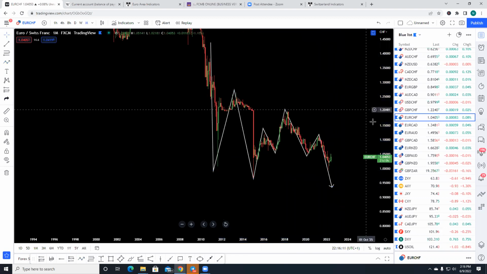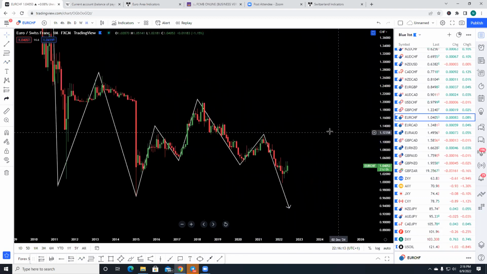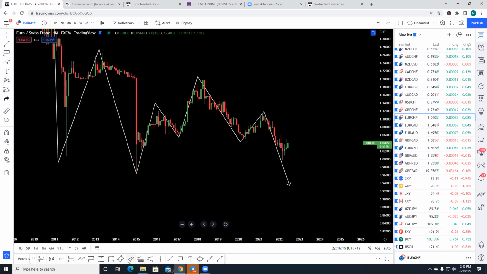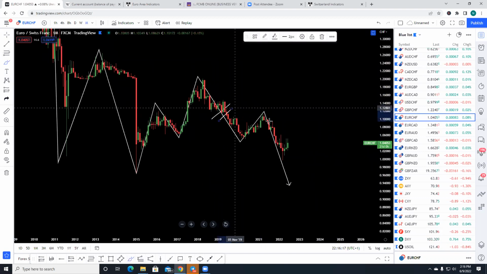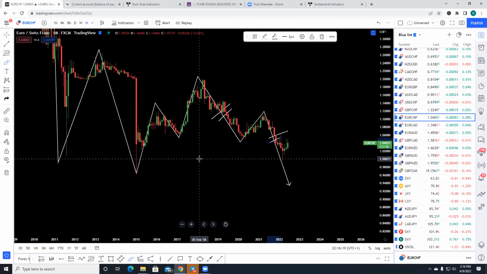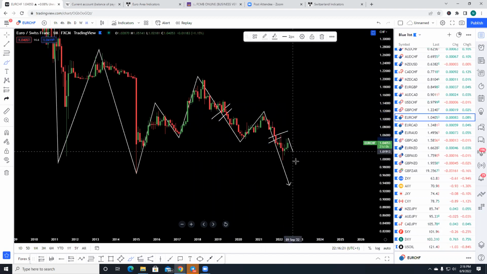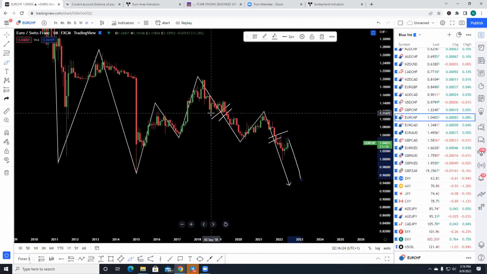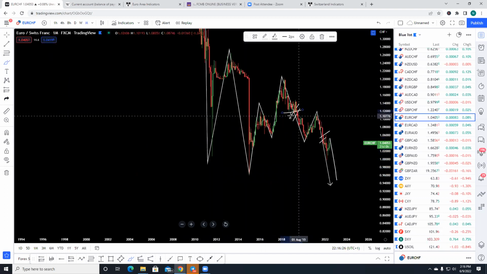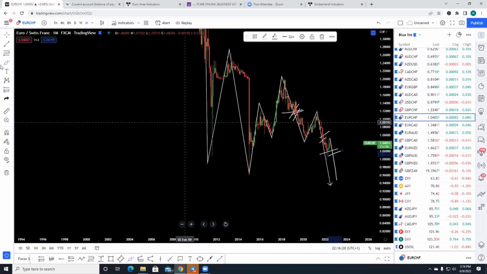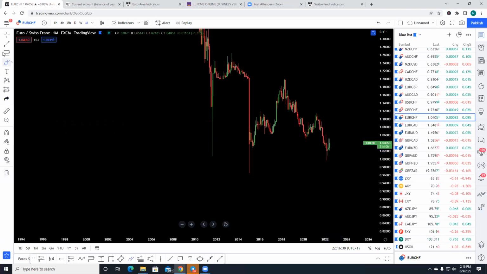But I want you to take note of something. This wave here, guys, is not equal to this wave here. So you need this to still come down so that there will be equality between this wave and this wave. How do we measure the two waves and ensure that they are equal?